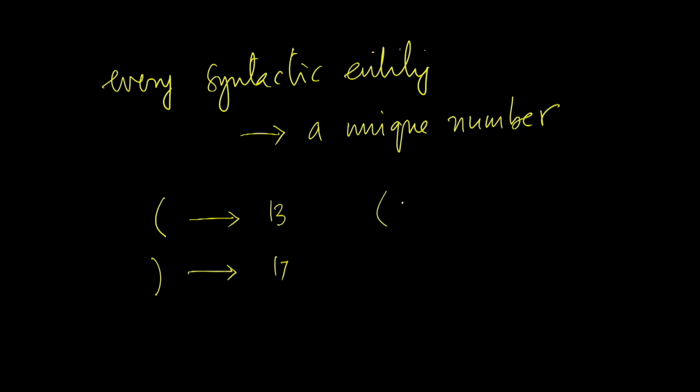For example, when I have a statement of this form, the corresponding number for this could be the number corresponding to the opening bracket multiplied by the number corresponding to A1 multiplied by the number corresponding to implication, and so on. This is one way of encoding, and this encoding has the property that we can uniquely decode any such given number. So Gödel demonstrated that such an encoding is possible for the syntactic entities. These are called Gödel numbering.